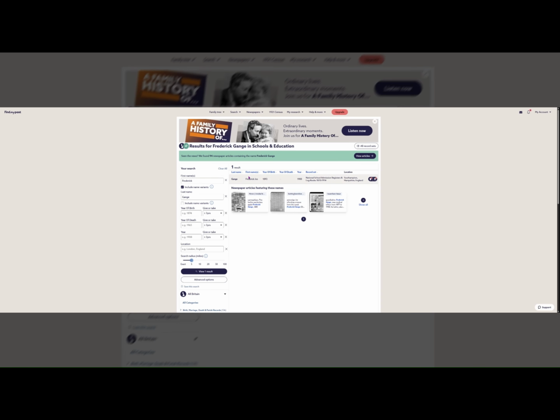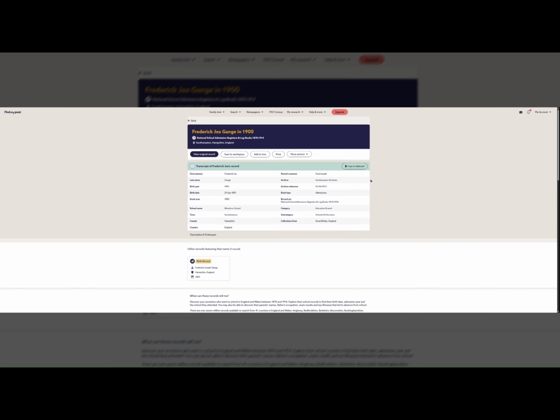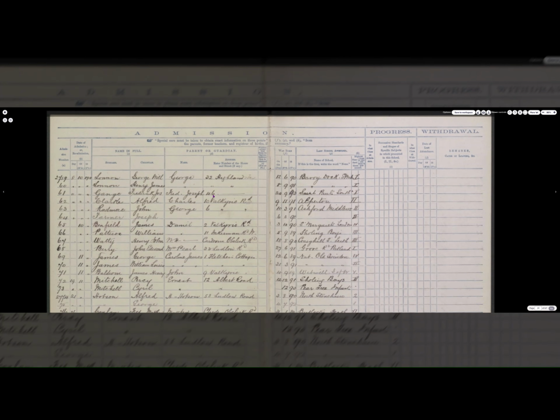So let's have a look at it. First, let's look at the transcription. And in there we can see the date of birth is correct, and also the school, Woolston School. We look at the original record, we can see him at the top there.